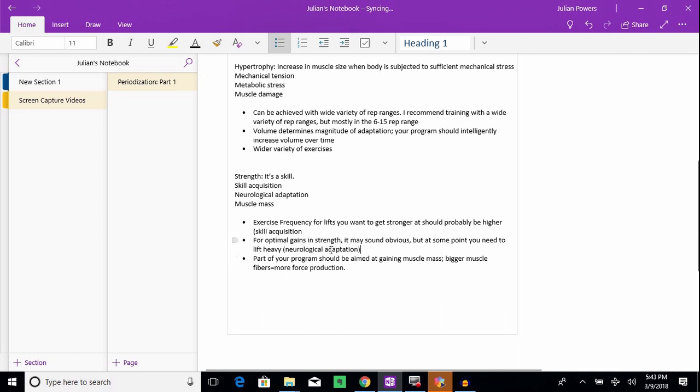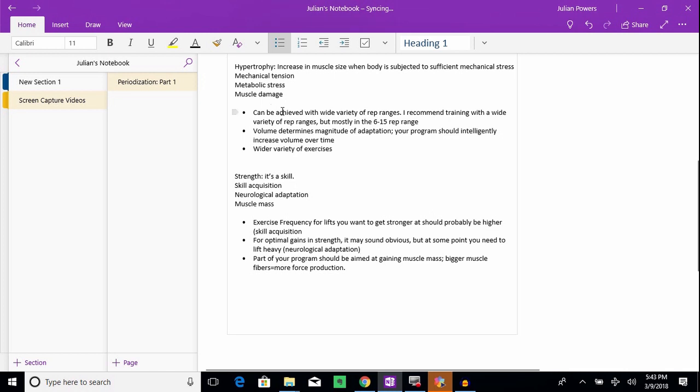All right, the last point to go over for strength periodization is that part of your program should be aimed at gaining muscle mass. Bigger muscle fibers equals more force production. Unlike with hypertrophy, if your goal is to gain muscle, you don't have to lift heavy.